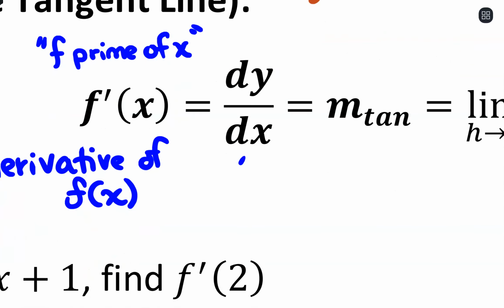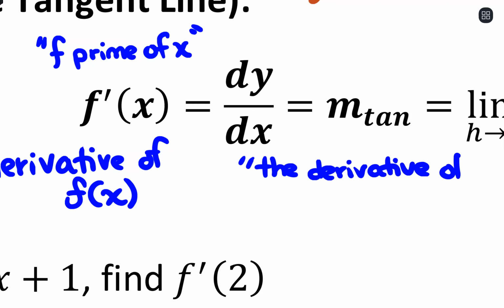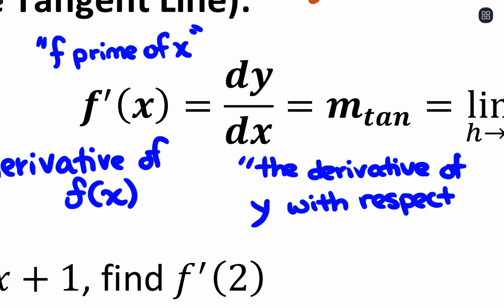And how we would read this is the derivative of y with respect to x. Really, that notation becomes helpful when we start kind of switching up our variables, but that's really more in calculus 2.